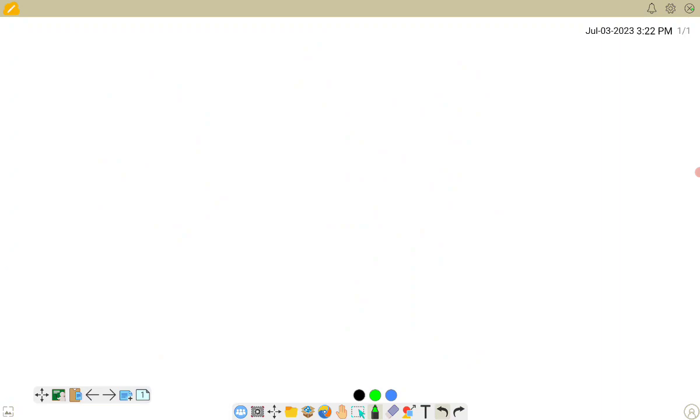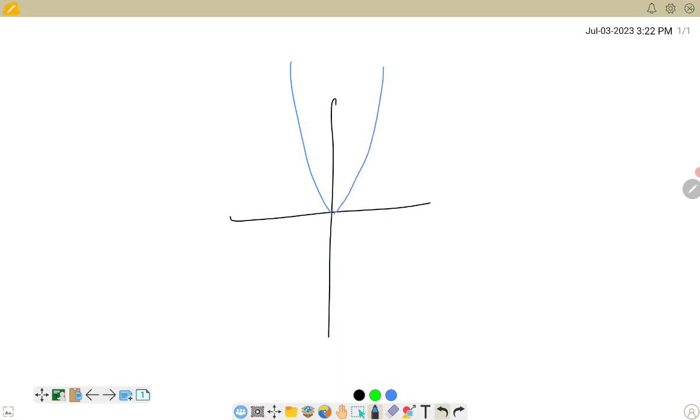The next one was we want to stretch vertically. So we want to take this and we kind of want to make it get stretched out in the vertical direction, like so, by a factor of 3.